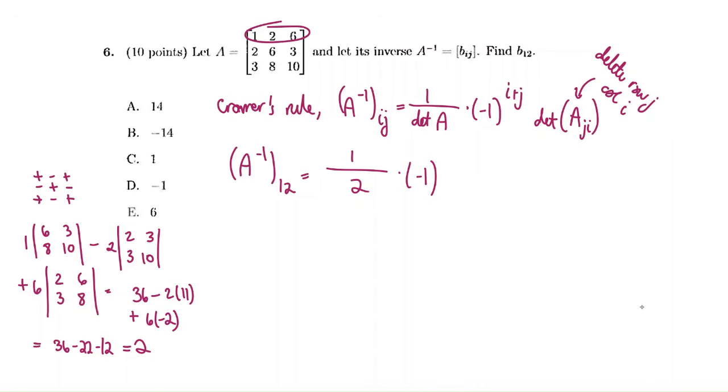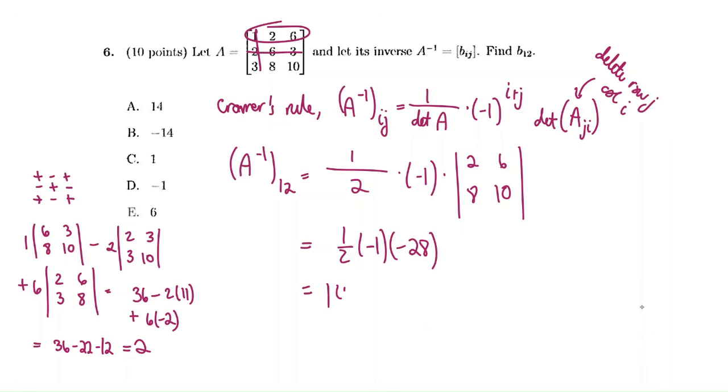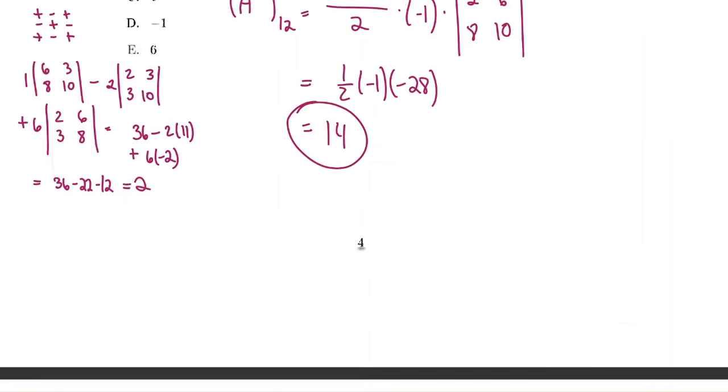And the determinant when we delete the second row and first column, which is 2, 6, 8, and 10, gives us 20 minus 48, which is negative 28. And this gives us 14. So this is the entry at the first row and second column of the inverse of A, which is our answer.